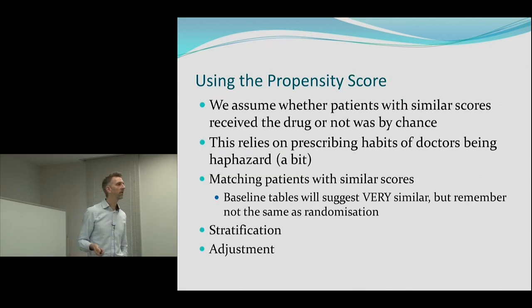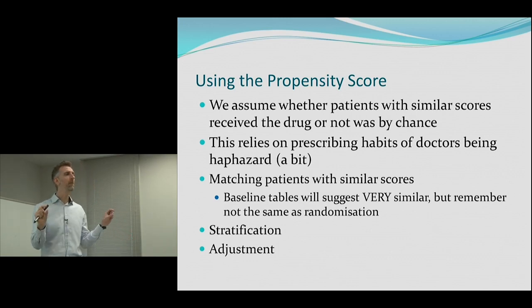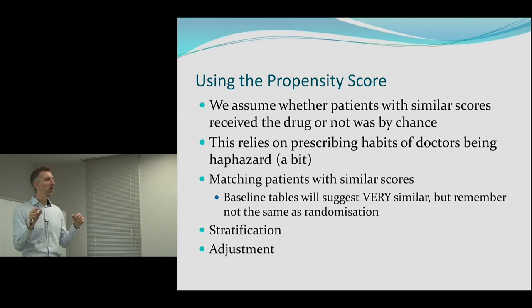Any other questions up to this point? No. Okay, so we've calculated our propensity score, having run this logistic regression model with those 30 variables, and calculated for each individual patient their propensity score. We then assume that within a level of the propensity score, whether a patient received the drug or not was purely at random.